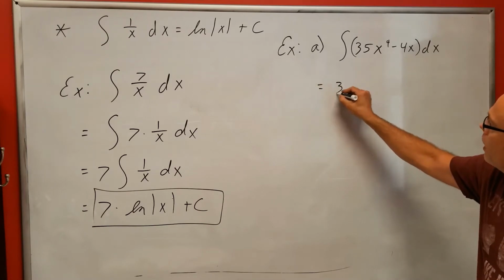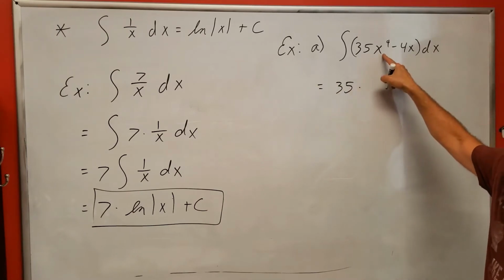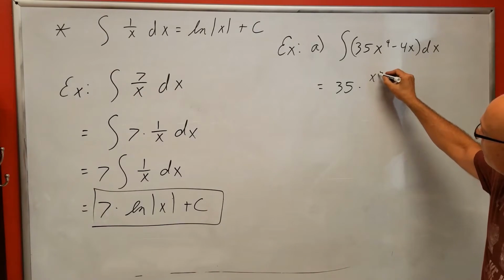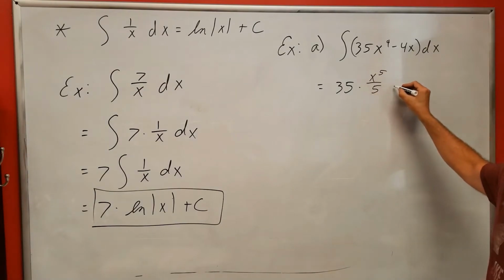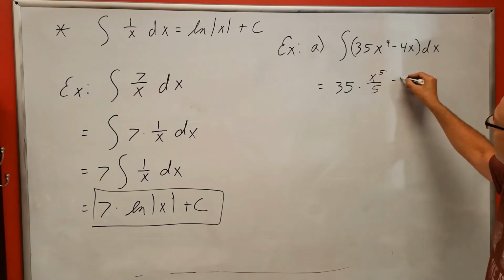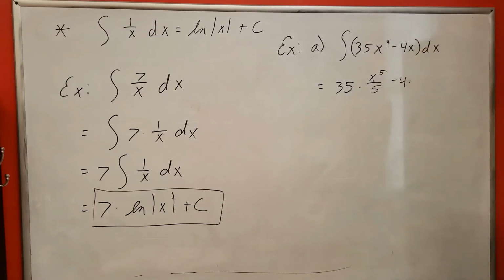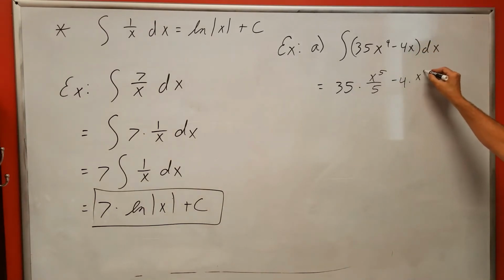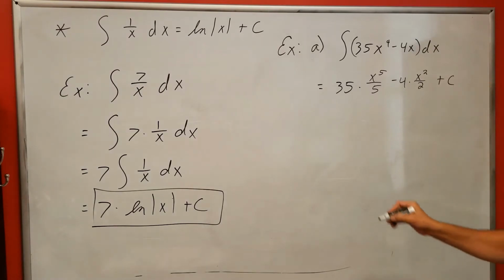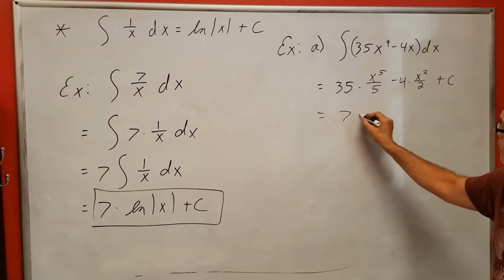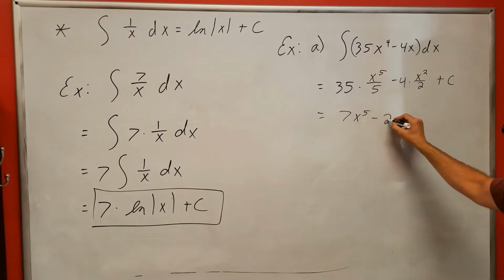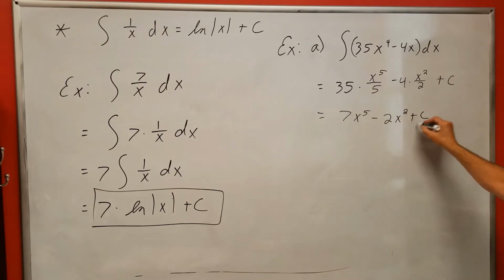I could say 35 times the antiderivative of x to the 4th is x to the 5th over 5, minus 4 times, what's the antiderivative of x to the 1st? x squared over 2, but I need my arbitrary constant c. So what does this give me? 7x to the 5th minus 2x squared plus c.